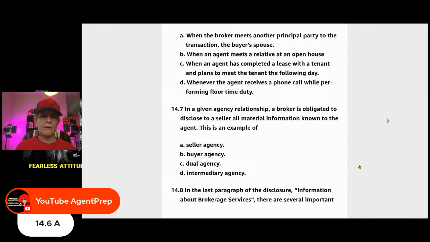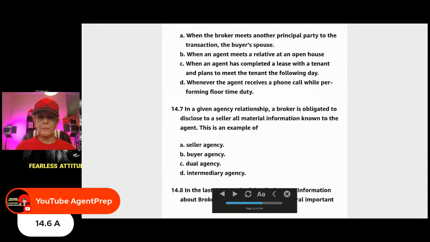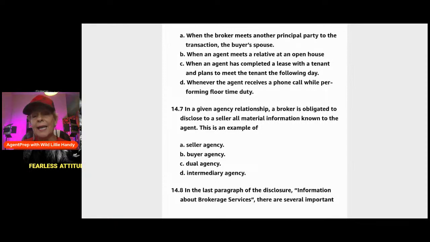All right, number 7. In a given agency relationship, a broker is obligated to disclose to a seller all material information known to the agent. This is an example of A, seller agency, B, buyer agency, C, dual agency, or D, intermediary agency.